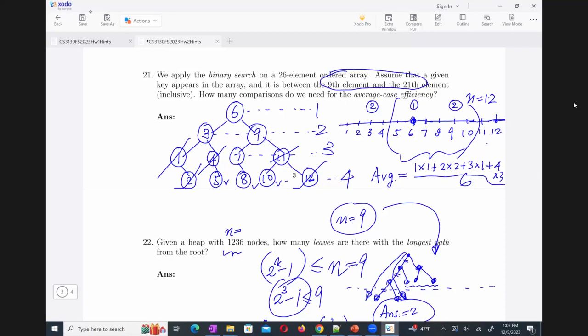For this question, you just work on your scratch paper. You may need a little more space, 26 nodes. Draw the binary tree carefully, then the range.